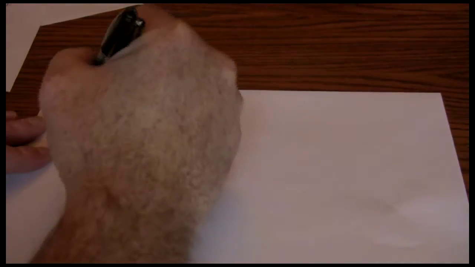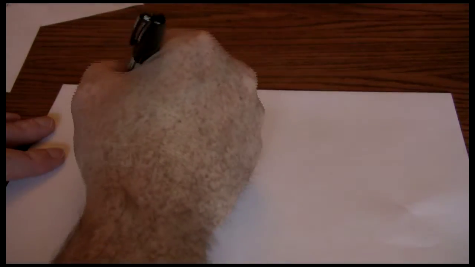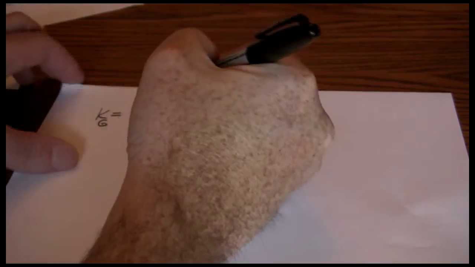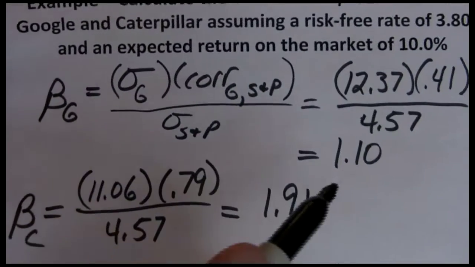So now we start. The required return for Google is equal to the risk-free rate, which in our example we said was 3.8%, plus beta. Beta for Google, remember, we said was 1.1.